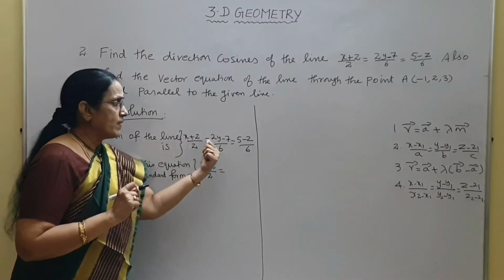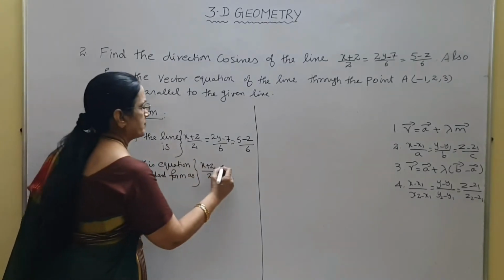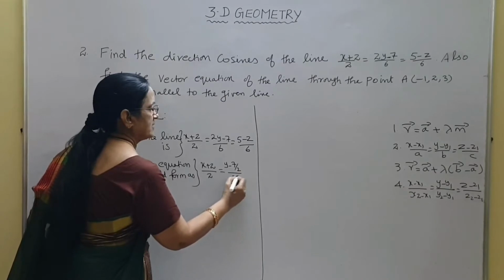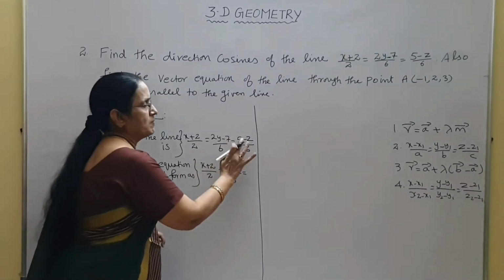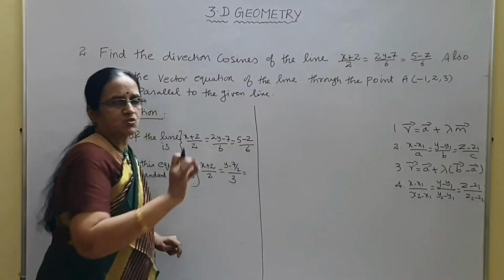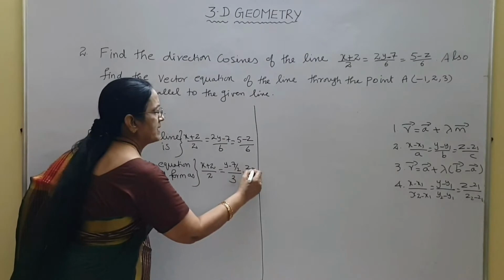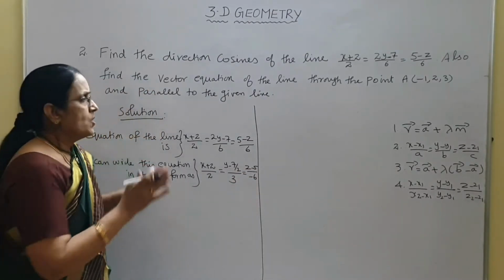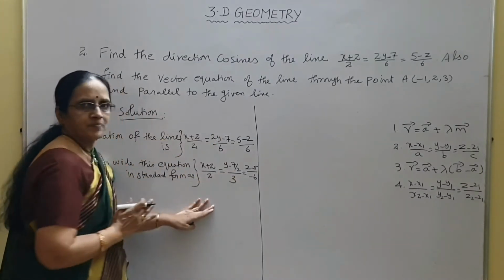So I have to divide the numerator and denominator by 2. I will be getting (y minus 7 by 2) by 3, which is equal to. Here I have to multiply and divide by minus 1. Then what will I be getting here? (z minus 5) by minus 6.